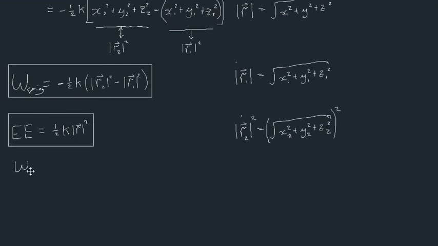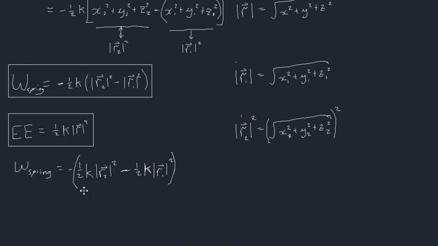So consequently, we can write our work done by our spring now. Our work done by our spring is just going to be equal to minus a half K times r2 squared plus, or actually let me factor out the minus a half K times the magnitude of your displacement vector at position 1 squared.